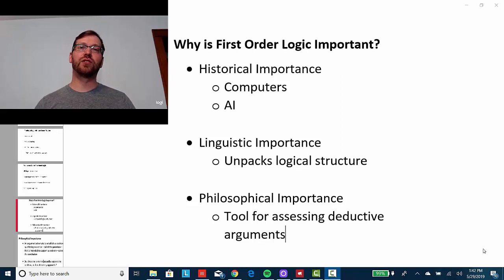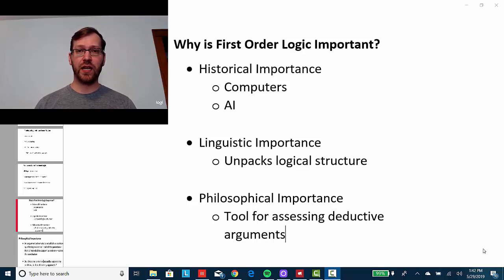We don't just get to assert any old theory that we might want to assert. We actually need to provide reasons for thinking that it's true, and we need the reasons that we offer to actually support the position that we're offering. So in that way, first order logic provides us a means for doing that.